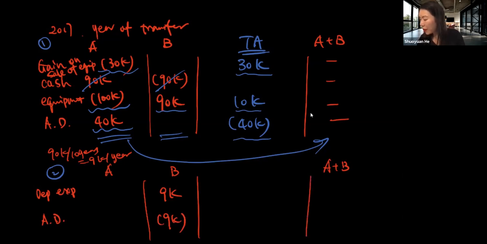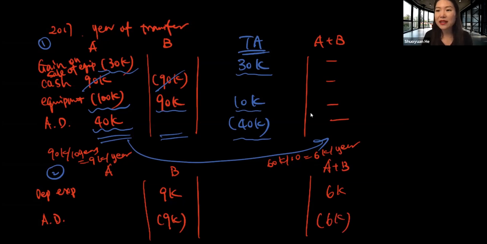And if you view Able and Baker as one firm, suppose the machine hasn't changed hands yet, it is still depreciating based on 60,000 over 10 years. So each year, the depreciation expense should be 6,000, and we credit accumulative depreciation for 6,000.